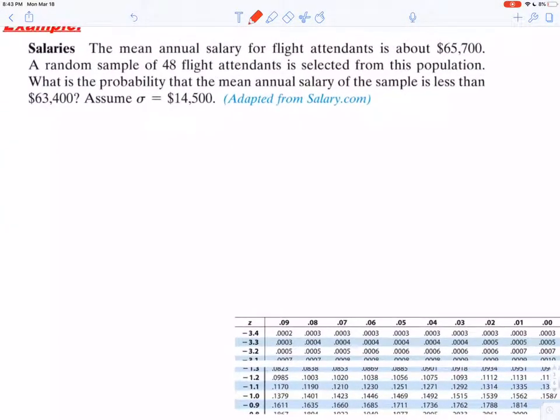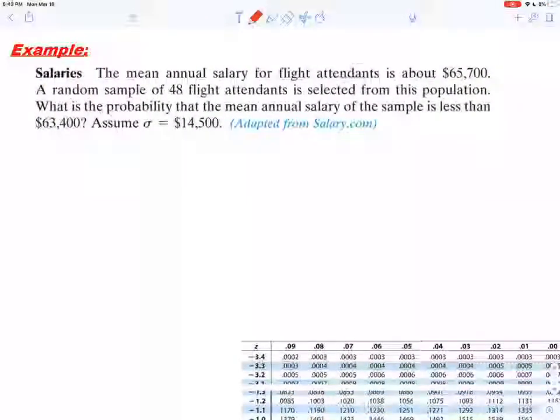All right, so here's our first example, and what I'm going to do first is just read through, like I always do, and pull all the given information. So the first thing I'm given here is that the mean annual salary, that would be my overall mean mu, is $65,700.